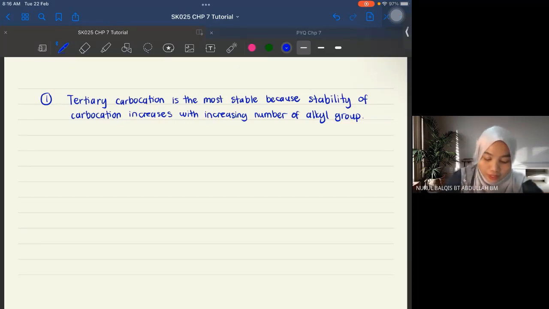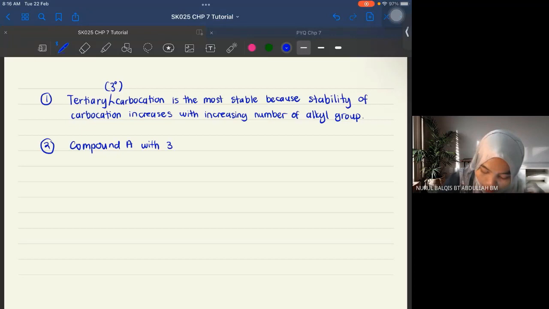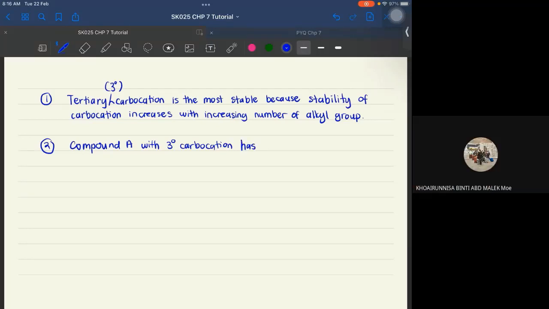Okay, lepas tu baru kita cakap tentang kita punya compound yang terlibat. So kita boleh kata yang compound A, okay, ni kita buat siap-siap lah, kita bagi guna dia ni, tertiary. With tertiary carbocation is the most stable kan, has the greatest stability.